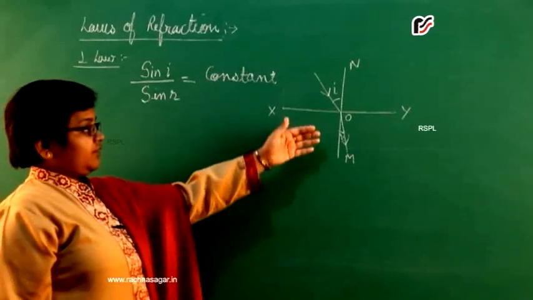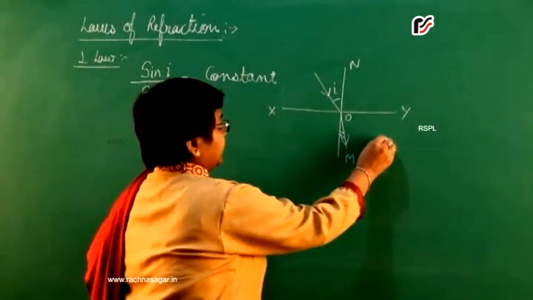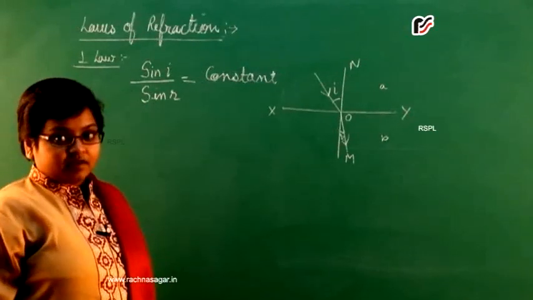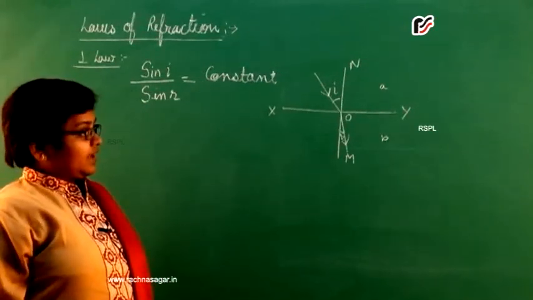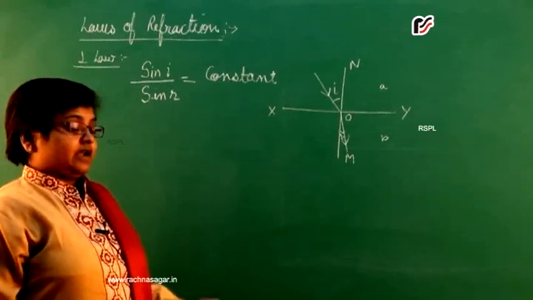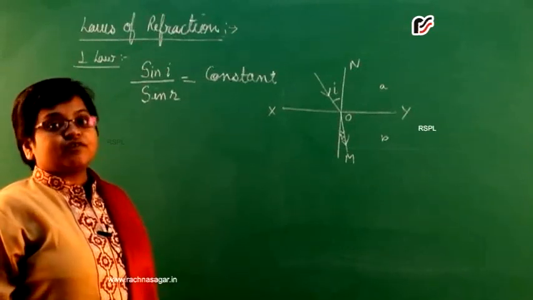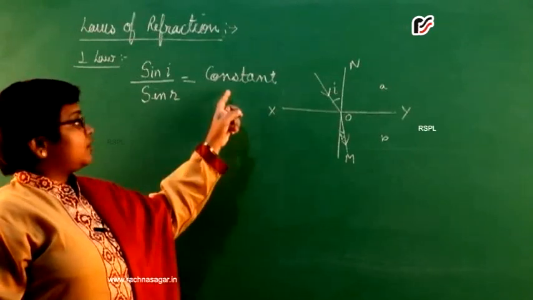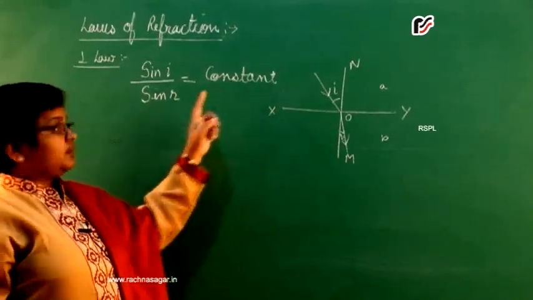For example, if medium B is glass and medium A is air, whenever we take such a glass slab and air, whatever the values of I and R, the ratio of sin I and sin R always remains constant.